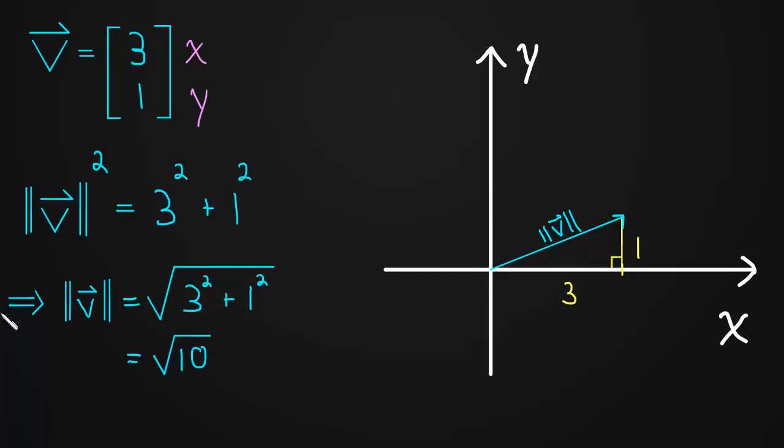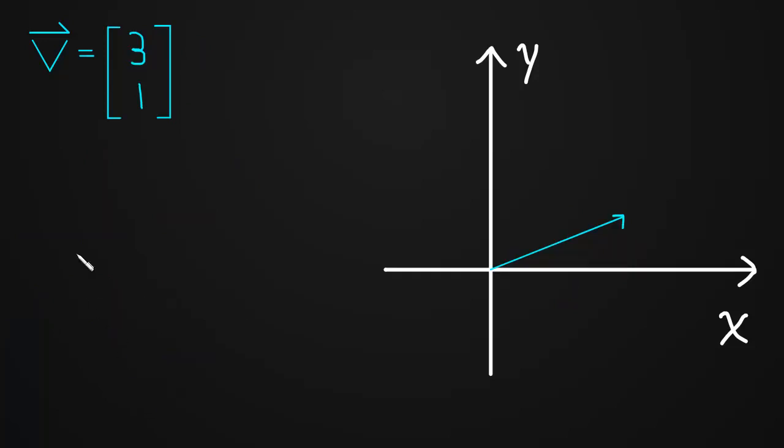Okay, let's look at another example. Let's say we have something like u is equal to -2, 7.